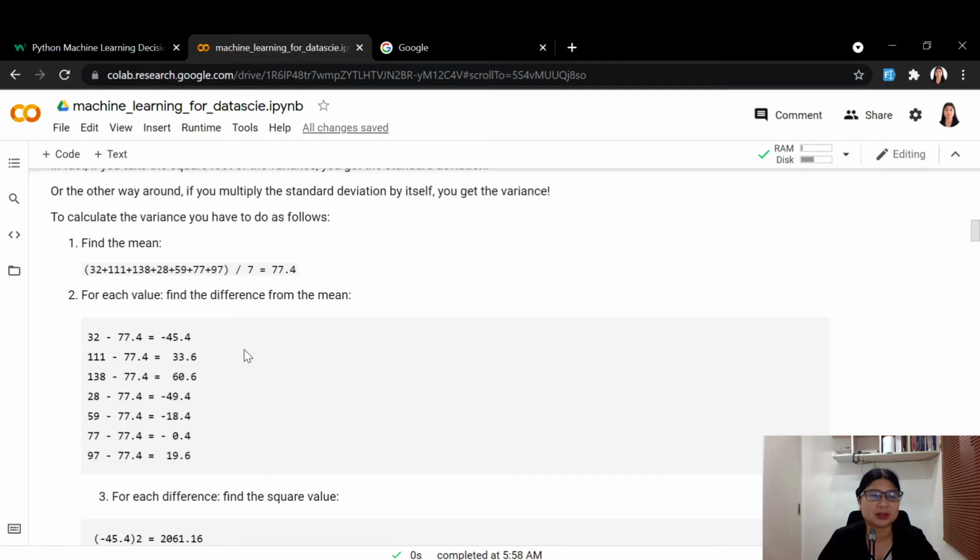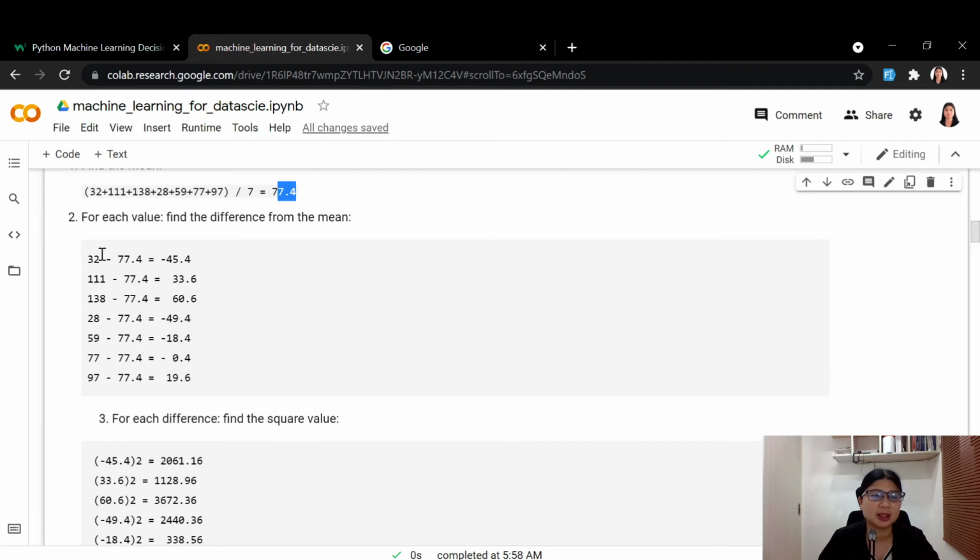So, paano ina siya obrahon? Each value, so ikwaon naton class ang average. Okay, ang mean. Ang first step is to get the mean, and second is minus naton class for each value ang mean naton.